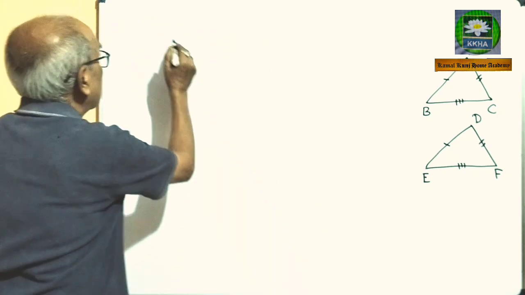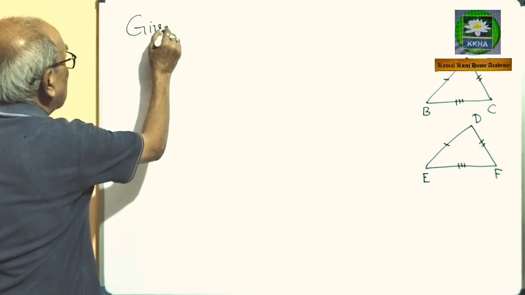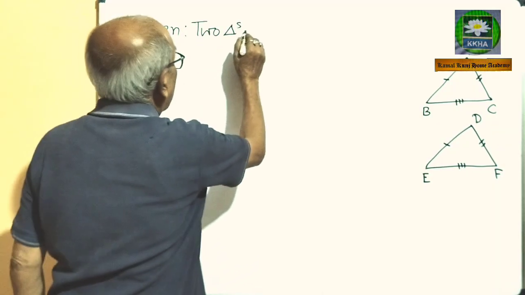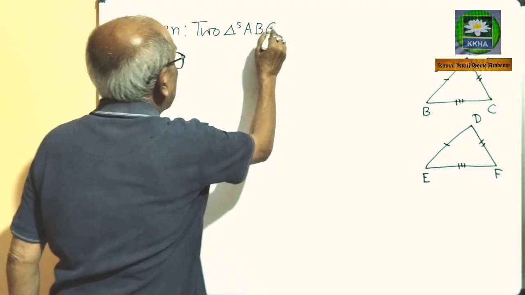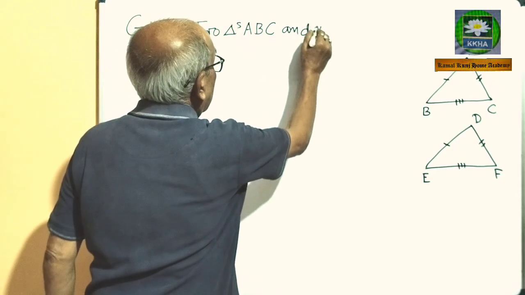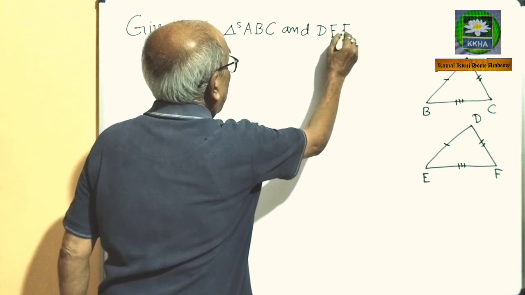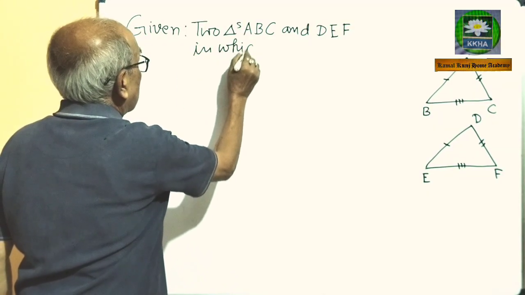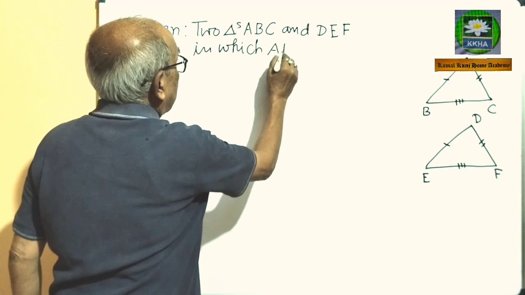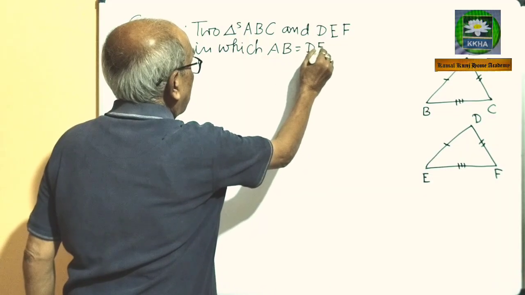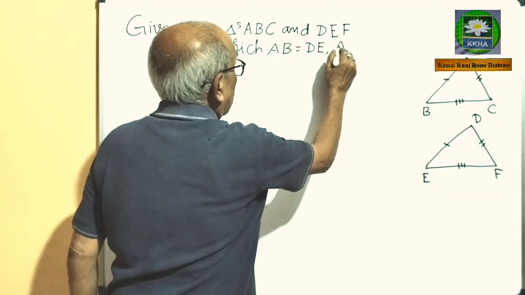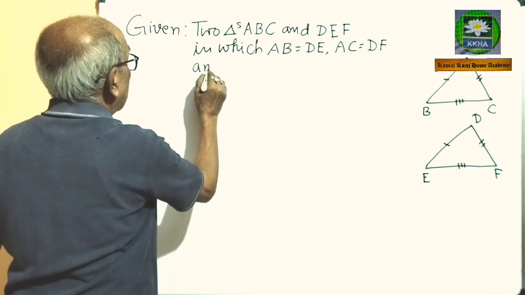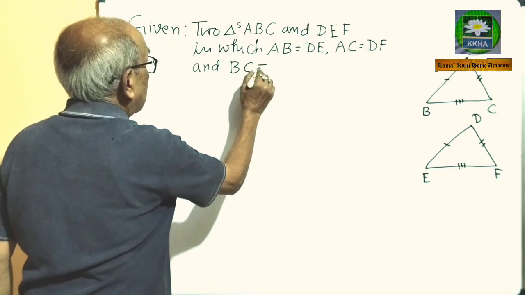So what is given here? Given two triangles ABC and DEF, in which AB is equal to DE, AC is equal to DF and BC is equal to EF.